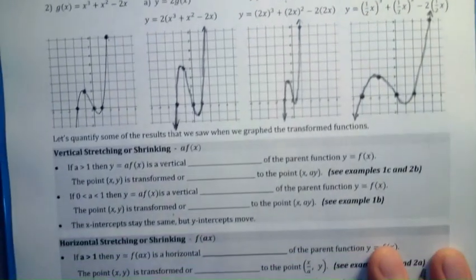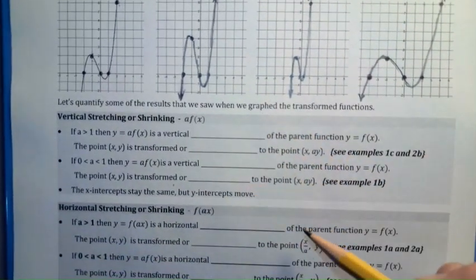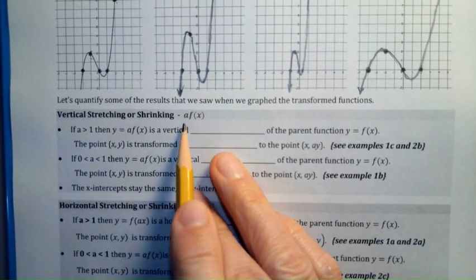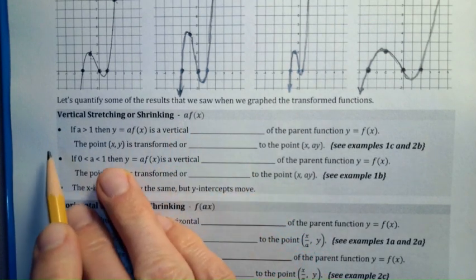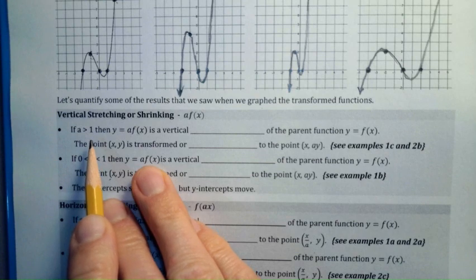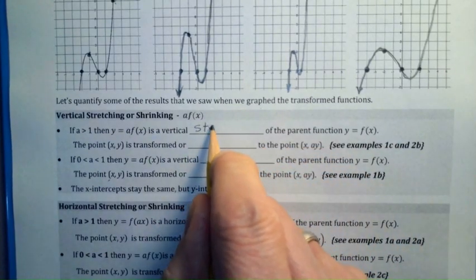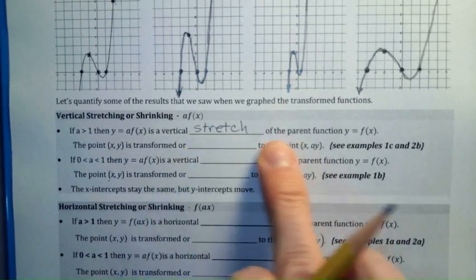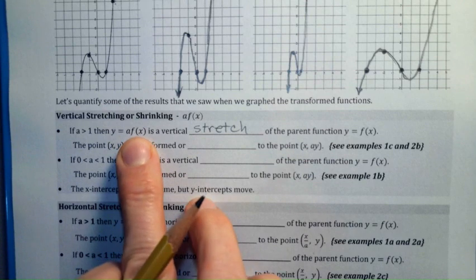Okay, so now let's tie it all together, and this is what this down here is doing. What are the rules? What happens when we multiply the function by some number a? If a is greater than 1, like 2, 3, 4, then we have a vertical stretch by a factor of a.